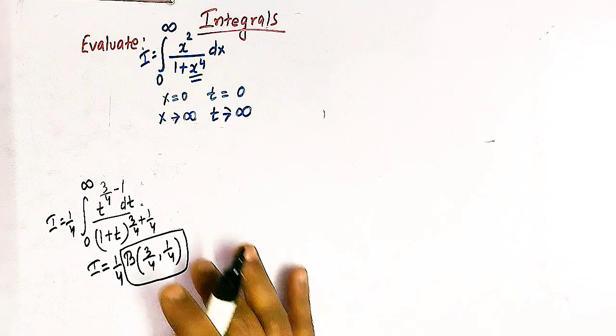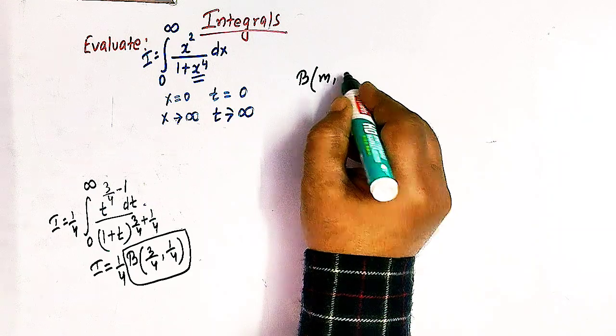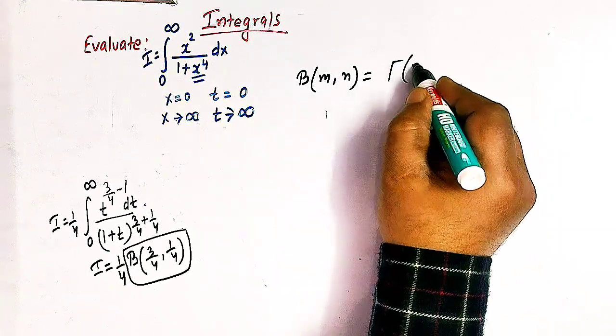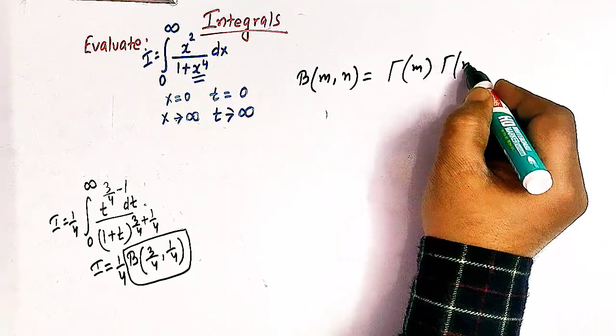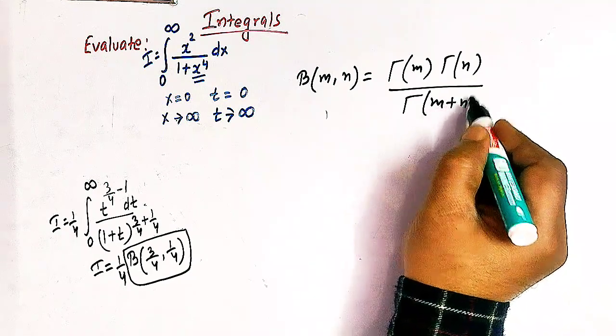So now we know the relationship between the beta function and gamma function, that is beta m comma n is given by gamma of m gamma of n divided by gamma of m plus n, right?